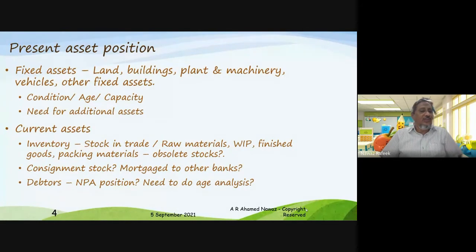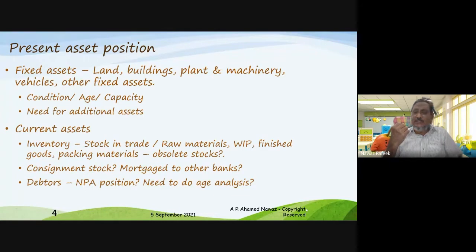Any obsolete stocks? We'll discuss the impact of obsolete stock on the next slides. Sometimes you may find that the inventory, especially stock in trade of trading organizations, is not theirs. Those are consignment stocks.